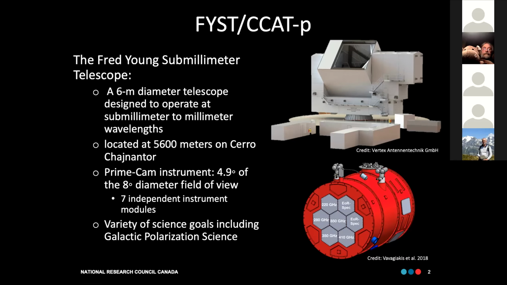So FYST, as presented by Thomas, aims to address a variety of questions in astrophysics, including galactic polarization science.